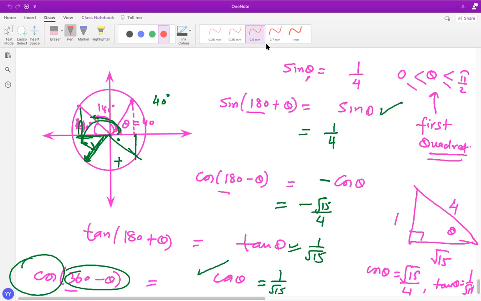Now let's take one more example. Let's say I have cos theta is 3/4 for any angle that is in quadrant number 1, which is 0 to let's say pi/2.